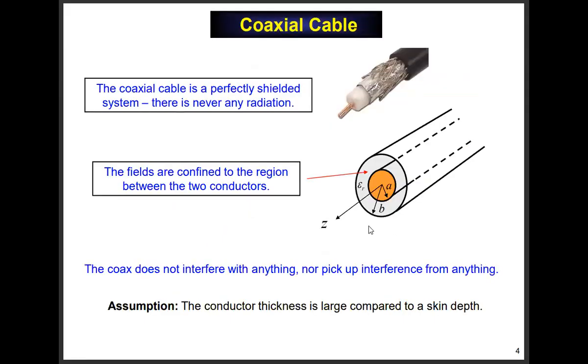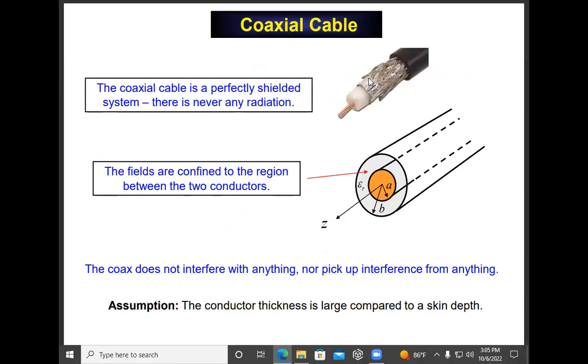Now for coax, like I said, no radiation can escape because of this shield. All the energy, in other words the Poynting vector, is totally confined to this insulating Teflon or polyethylene layer, whatever it is. It can't penetrate out, so no radiation escapes. Which is good from an interference point of view.